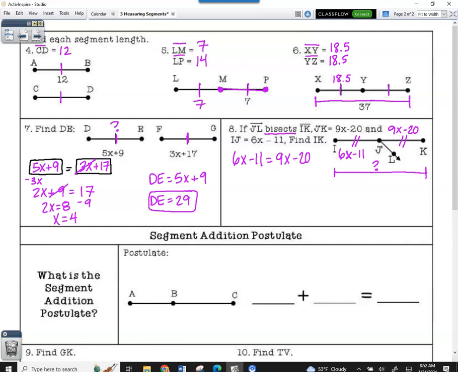Solve that. Confirm that you can get to 3. Make sure you can get to 3. I should be able to tell you the answer for x, but you still do the work to get there, okay?